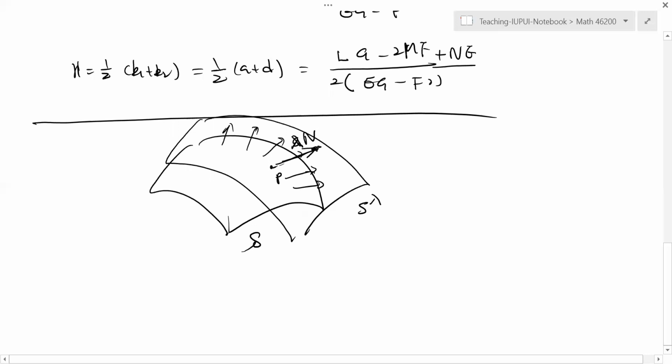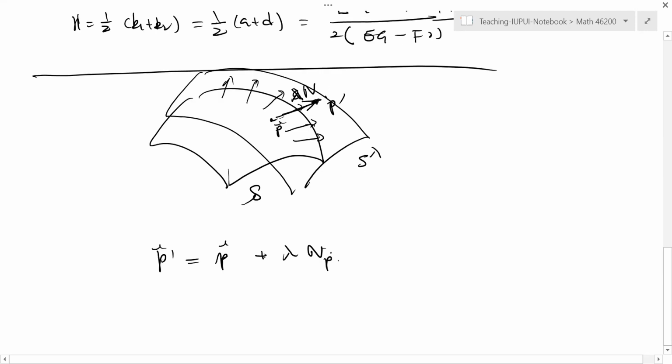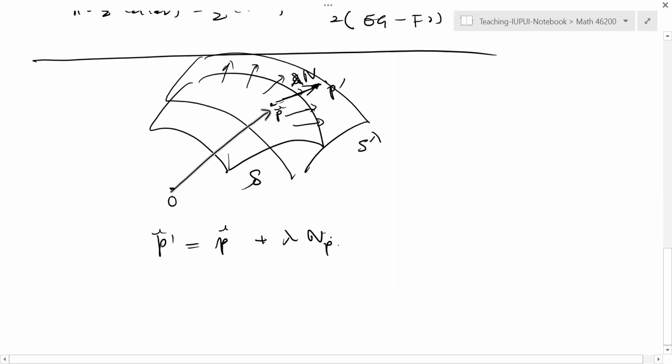More precisely, the point p prime is p as a vector plus lambda n at p. So this is the origin, and this is a vector, and lambda is a fixed constant.